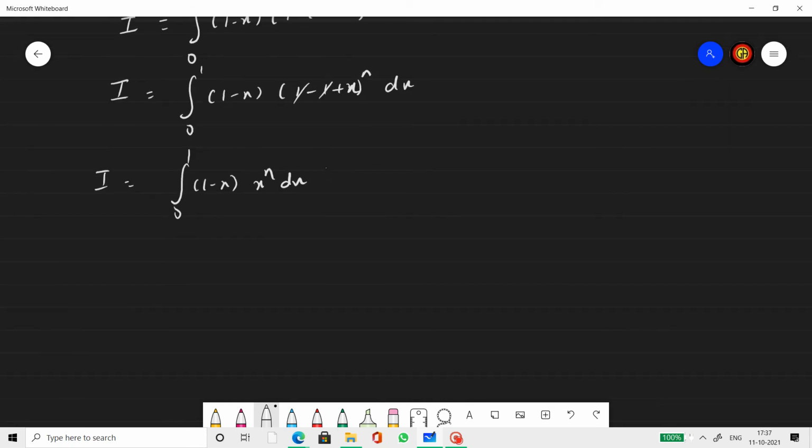Now I can directly multiply x power n with (1 minus x) and integrate them, instead of adding I and I. Here, even if you add I and I, nothing will work because nothing will get cancelled, since there is no denominator here. So there is no need to do that step which we did in the first three sums. There is no need to add 1 and 2. Proceed integrating this itself.